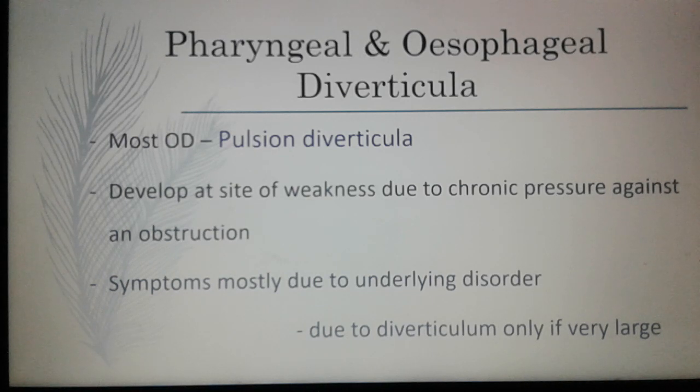These patients are symptomatic due to the underlying disorder, due to which there is chronically raised pressure. In a chronic manner the pressure is high, and it is leading to the formation of pulsion diverticula. So the underlying disorder is responsible for the symptoms of the patient. Remember this. Only when these pulsion diverticula are very large could the symptoms be directly attributed to these diverticula.